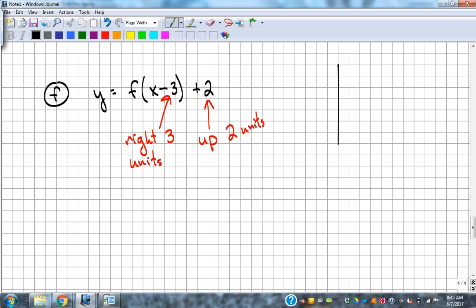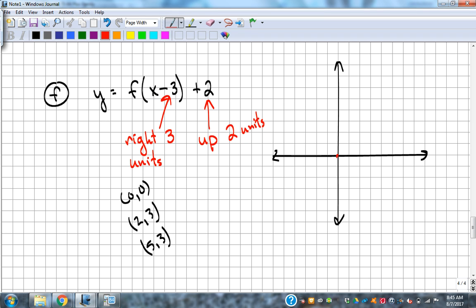So, new graph. Remember our ordered pairs are 0, 0, 2, 3, and 5, 3 from our original graph. That's where I got those. If I move this one right 3 units and up 2 units, where does it go? 0, 0.